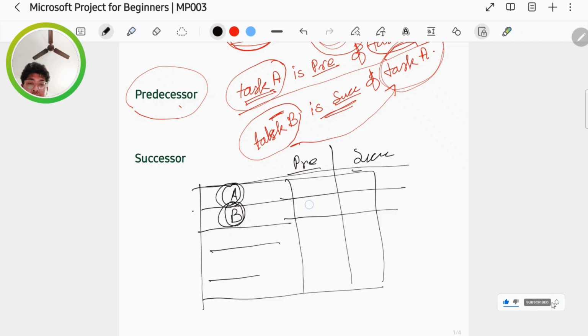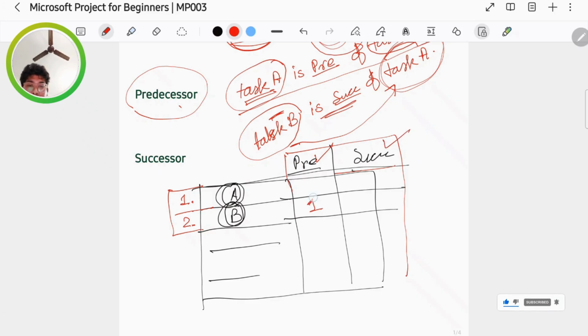Suppose this is the number one task and this is the second task. This is how we have to write it in Microsoft Project, predecessor and then successor.